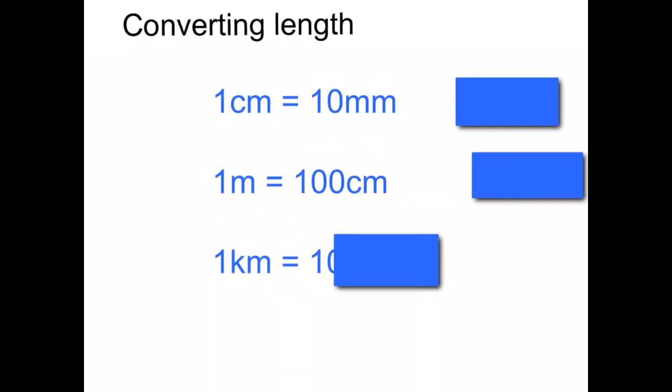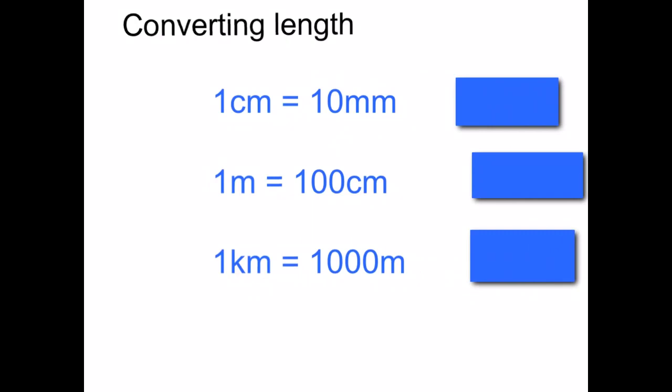Well, 1 kilometre is 1,000 metres. These facts are very important and we must remember them when it comes to converting lengths. So if you notice how the numbers are getting bigger, 1 centimetre is 10 millimetres, 1 metre is 100 centimetres, 1 kilometre is 1,000.